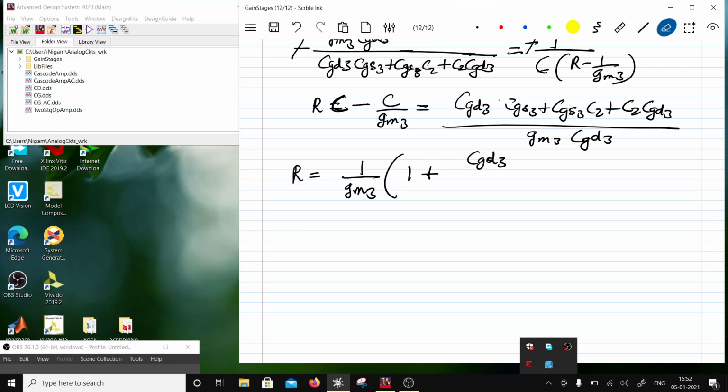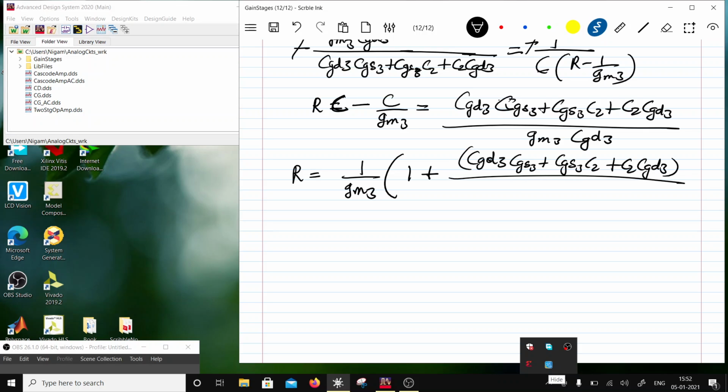So again a typing mistake here. Okay, this thing is divided by GM common, CGD3, and then C2. C comes in here.